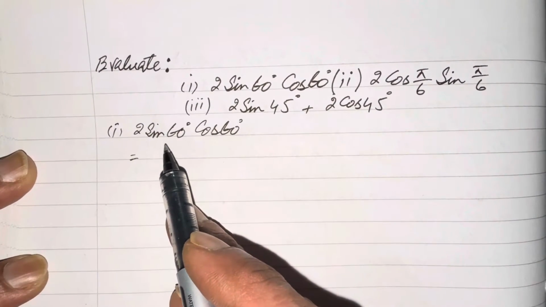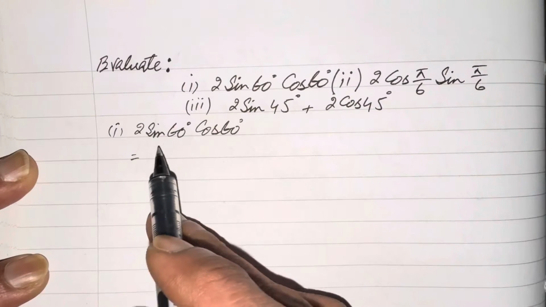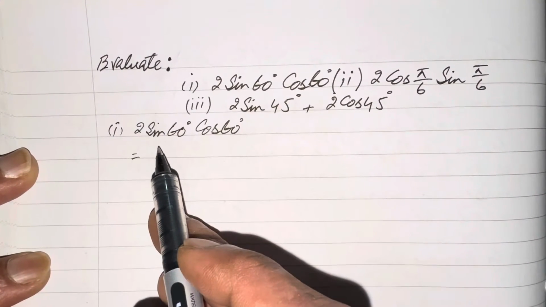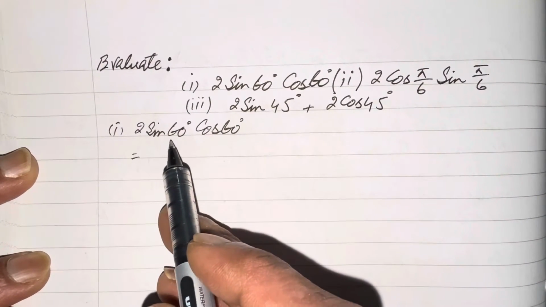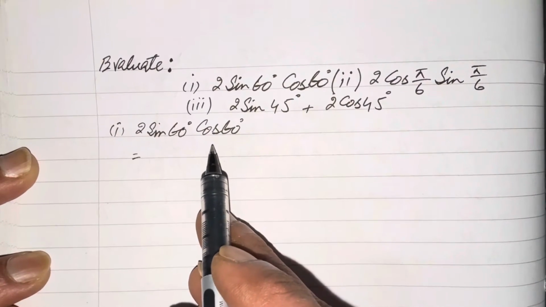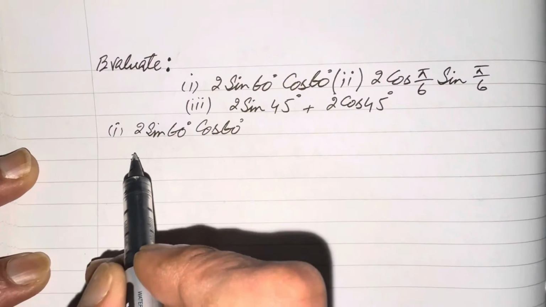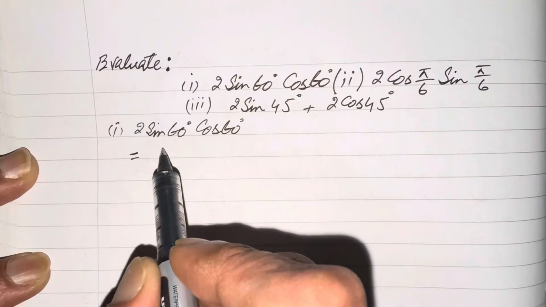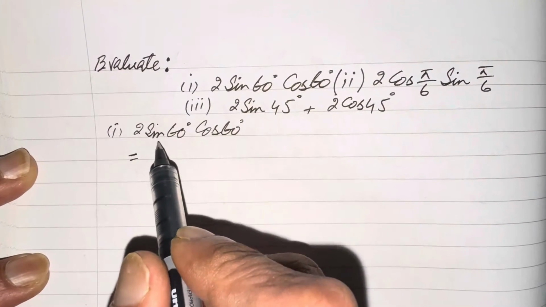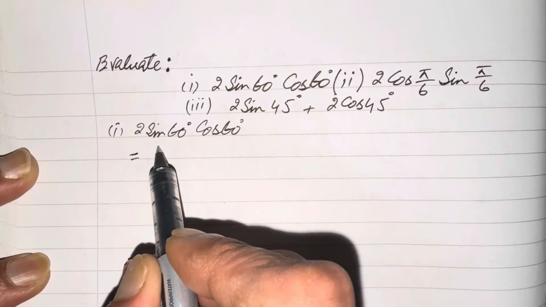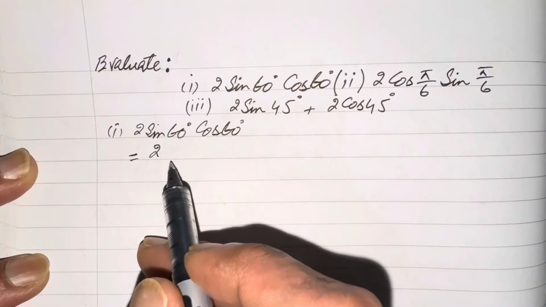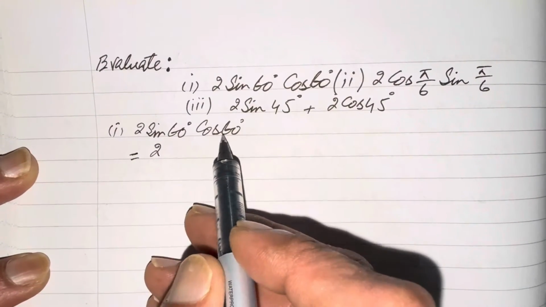We should know the value of sine 60 and the value of cos 60. From the table that we made in our last lecture, we are going to put in the values of sine 60 and cos 60.